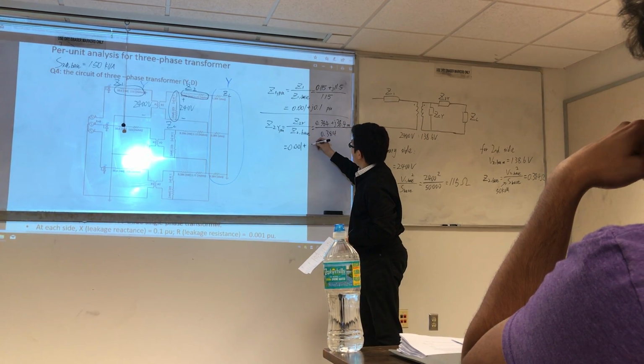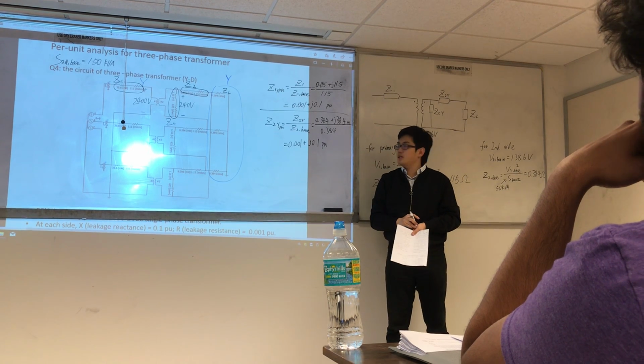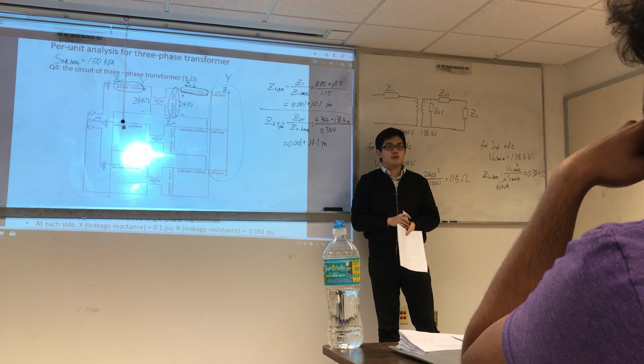So your Z2Y per unit is 0.001 plus j0.1 per unit.